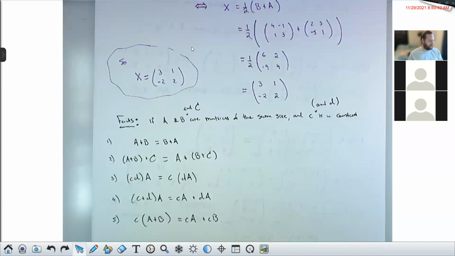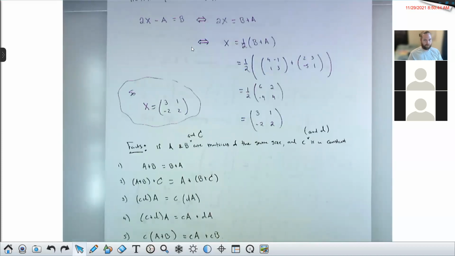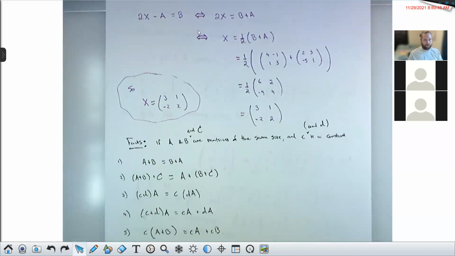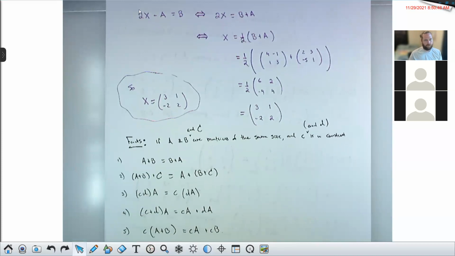Really, when we do the stuff like what we were doing up here, I'm relying on these facts. When I say I can solve this by adding the matrix A to both sides, I'm relying on some of these facts, like commutativity and associativity of addition. But I think it's not something you need to think about terribly hard. You can do the stuff you want to do with matrices.